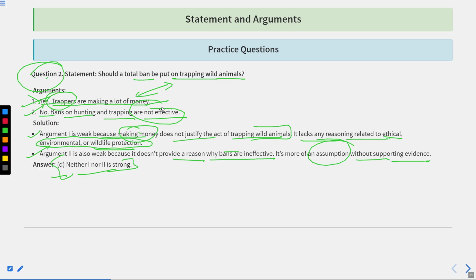Every statement and argument has to be cross-verified, has to be analyzed, and then only we'll figure out whether the answer is correct or not. So my dear students, I would request you to keep a note of whatsoever we are studying so far, because all of this is going to be very helpful for you in understanding statements and arguments and approaching the questions in a very crisp, clear, and precise manner.